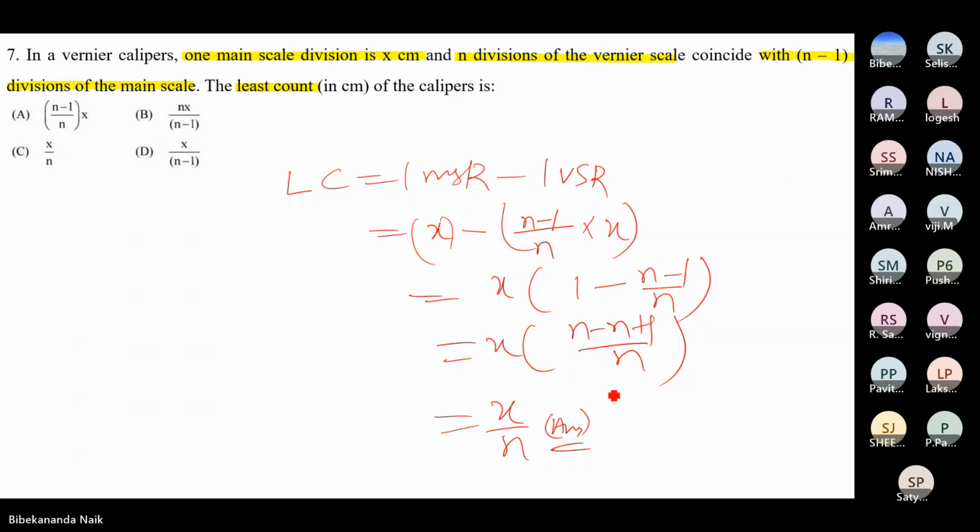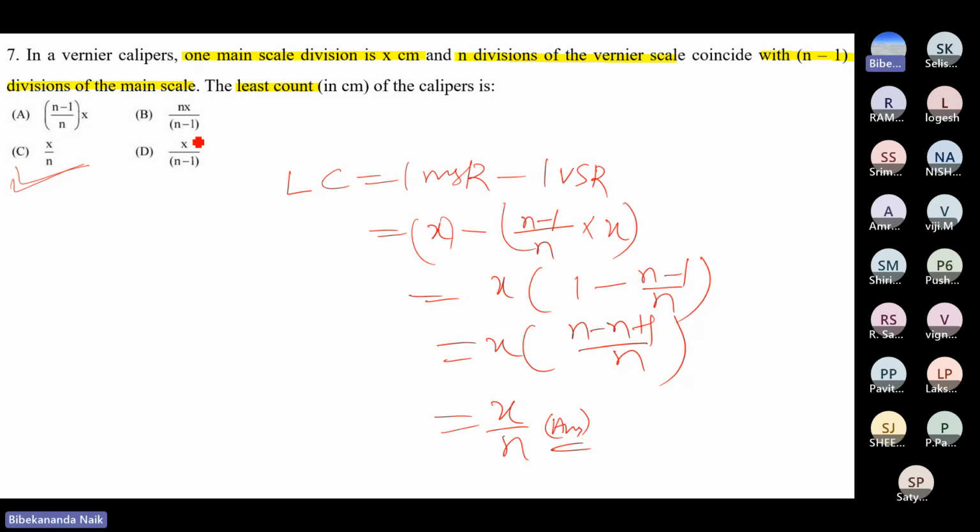So the answer, this is a very easy question, but the only difference is that the variables are given in terms of x and n. There are unknown variables and we want to calculate the least count. The least count in this case is main scale reading minus vernier scale reading. Main scale division is x centimeter, so the minimum length that can be measured is x.